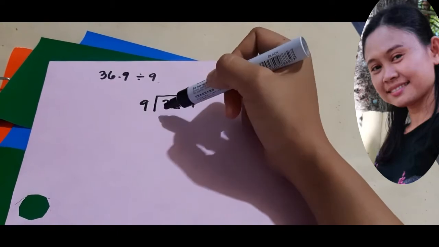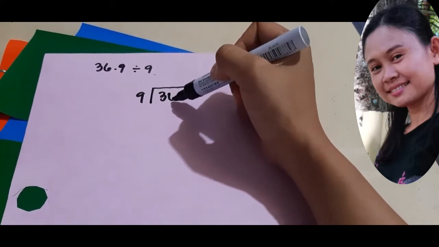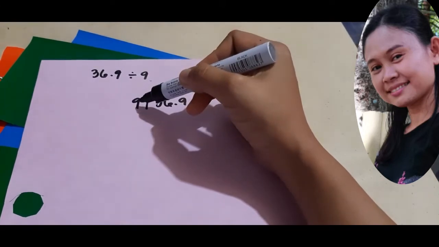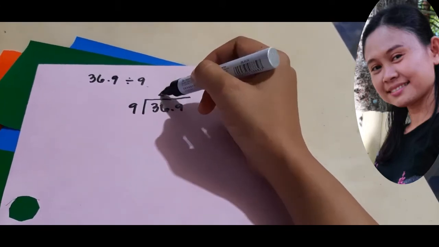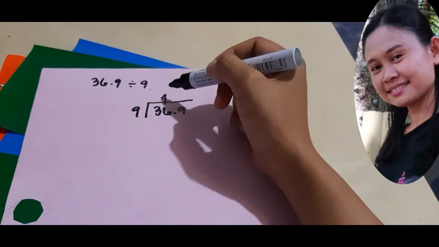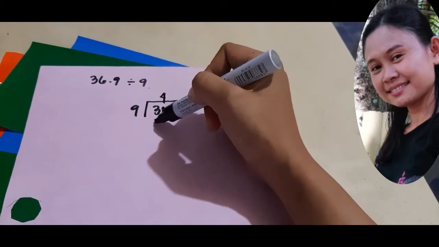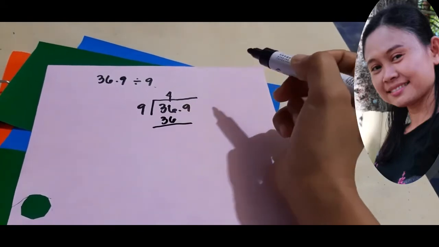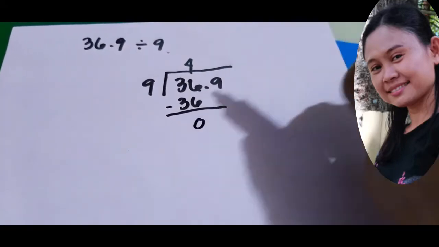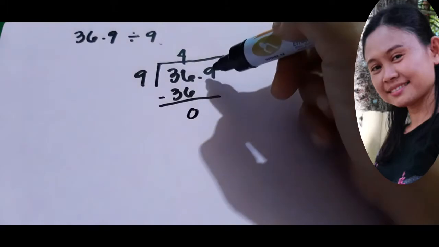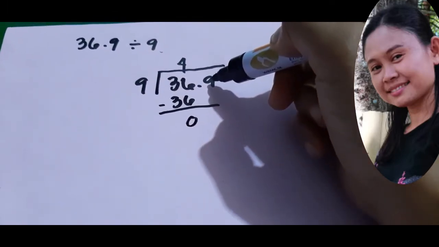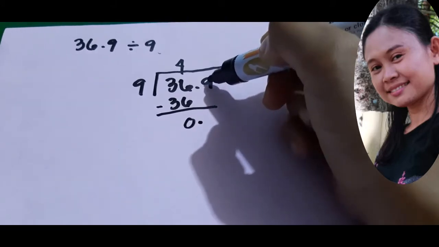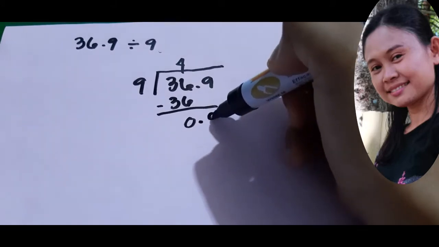3 cannot be divided by 9, so we need to include the 6 to make it 36. 36 divided by 9 equals 4. 4 times 9 equals 36. 36 minus 36 equals 0. 0 cannot be divided by 9, so we need to bring down first the decimal, and then bring down also 9.